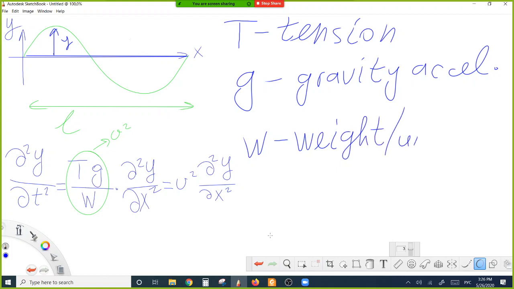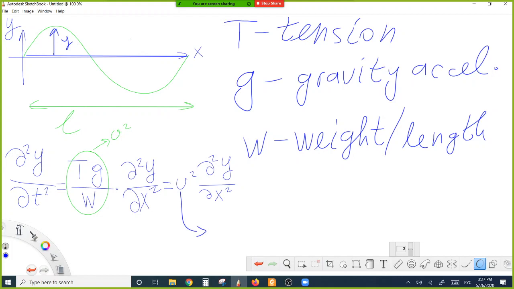V is velocity, and V here is the velocity of propagation of the wave in the string.